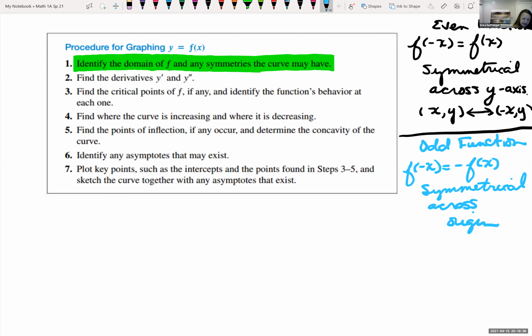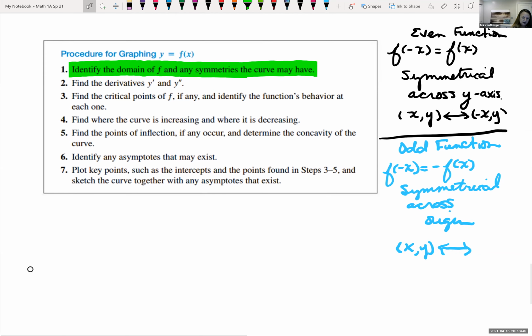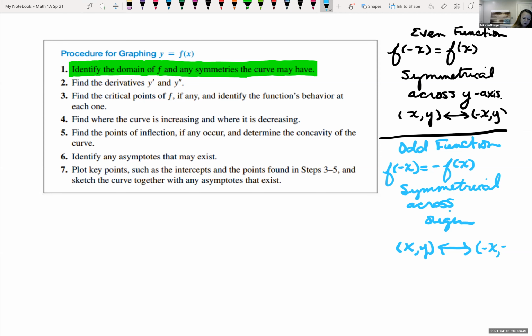Again, if you know one point on the graph, you know another point: if (x, y) was a point, then (negative x, negative y) is also a point. So if you can tell easily that it's symmetrical, it could help you graph, but this is something I normally don't do when I go about graphing these functions.